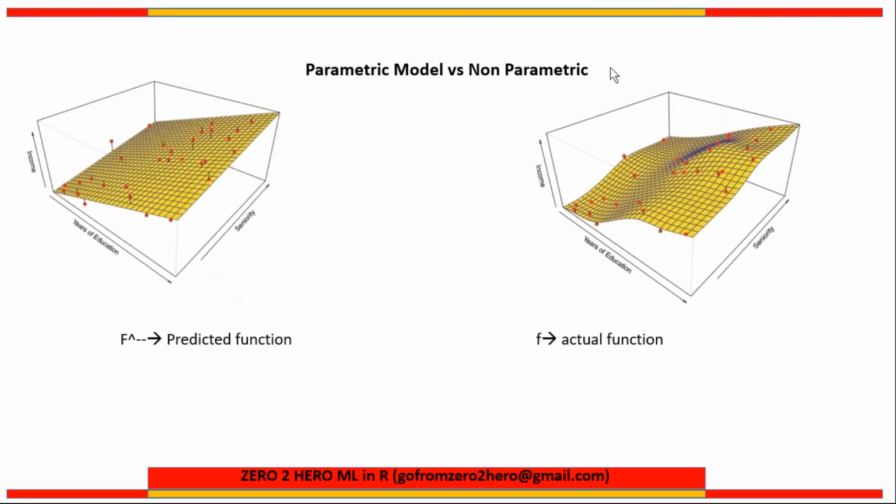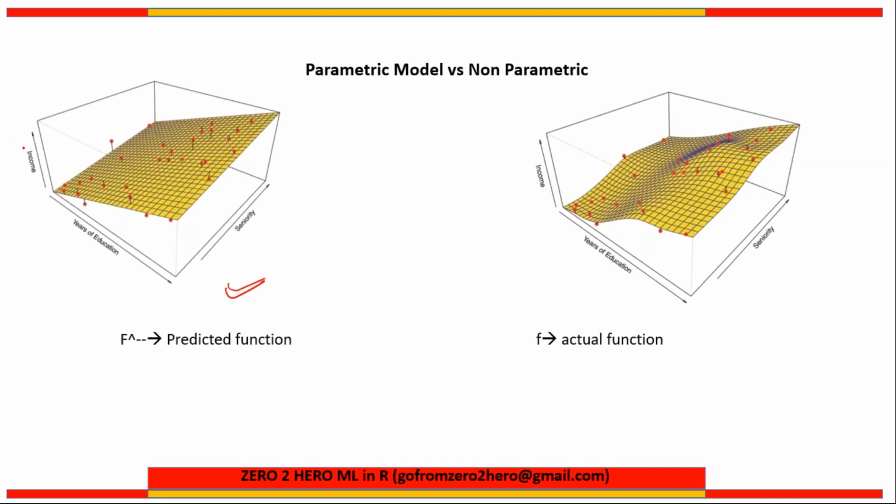It will be a plane like this. Okay. So don't worry about what is written on the slides, parametric, non-parametric. We'll cover that later. But right now, just focus on this figure.